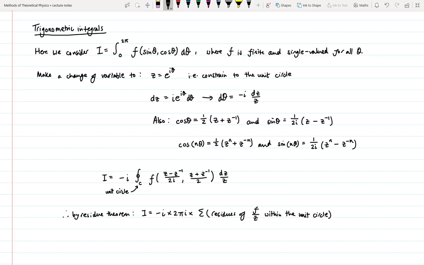It's f divided by z because of the differential. The differential added a factor of 1 over z. Okay, it's all well and good saying that. Let's put it into practice by looking at a couple of examples.